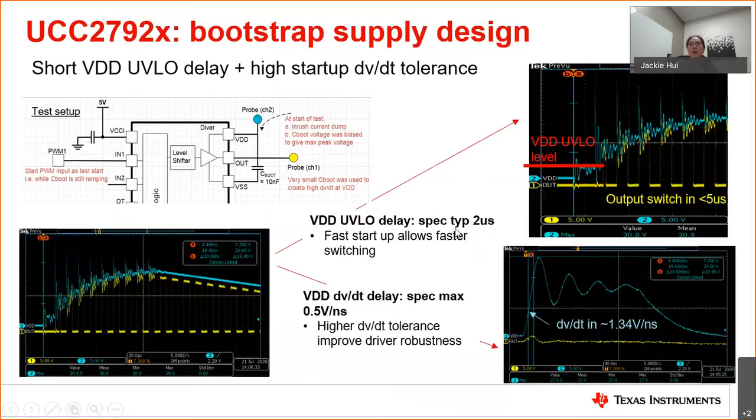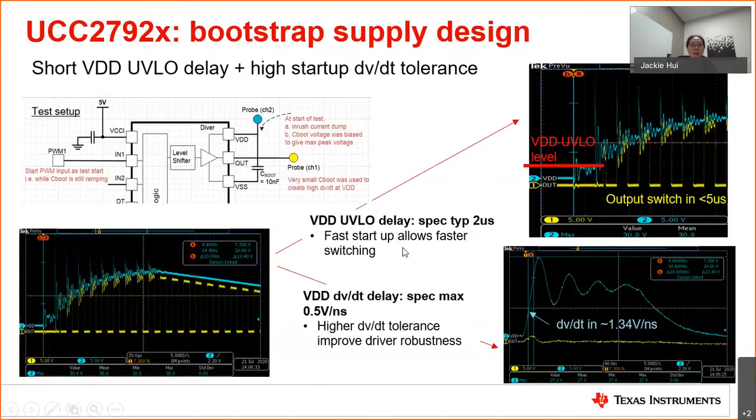So this driver we designed with a very short delay time, typically about 2 microseconds. My apologies that I don't have a better zoom in here, but the red bar shows the UVLO threshold in this device, which is about 4 volts. You can see that the output is able to start switching following the VDD voltage in less than 5 microseconds.